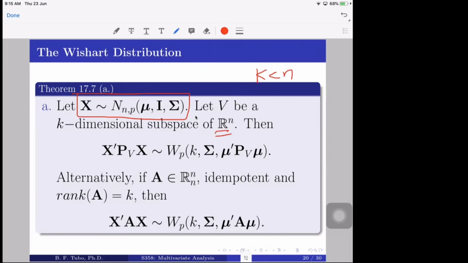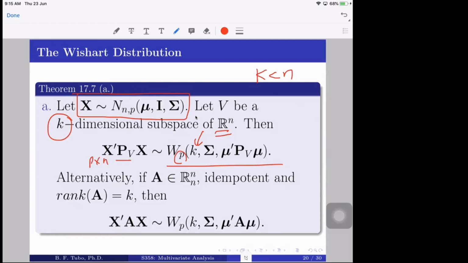Then x prime PV x will be Wishart with degrees of freedom k.